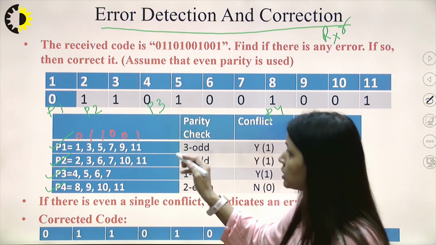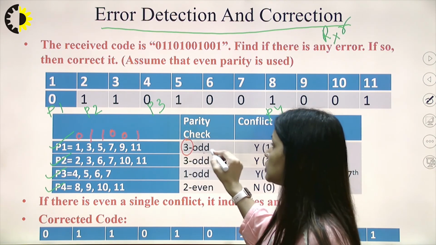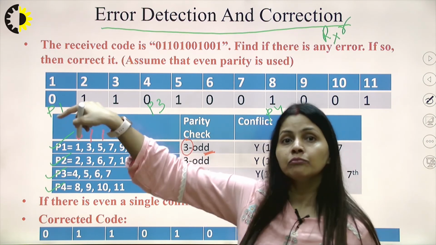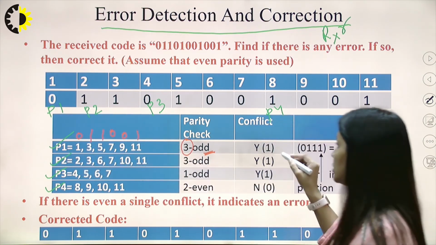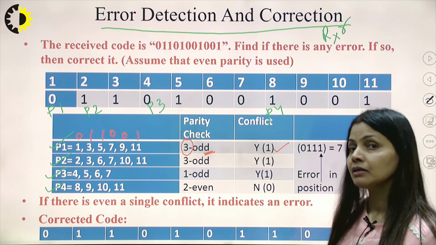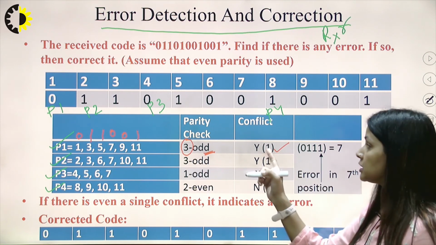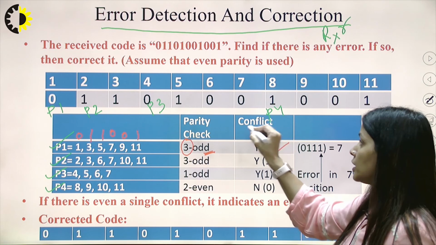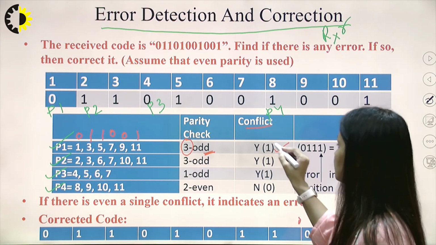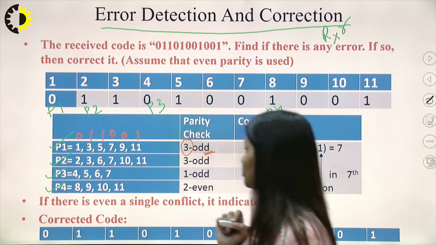The number of ones is 3, and this is odd. So that means we need to add one more number. Yes, there is a conflict. If it is a conflict, for yes I will write 1. Yes means 1.